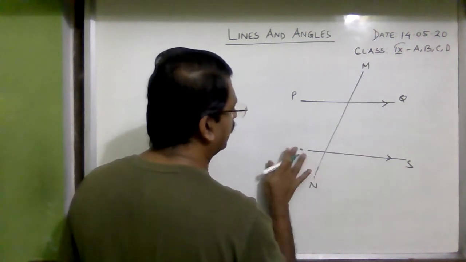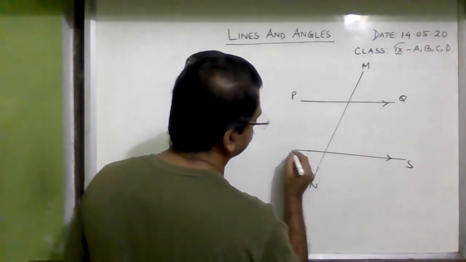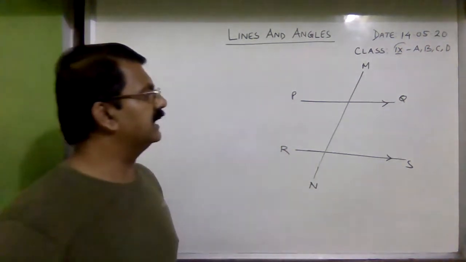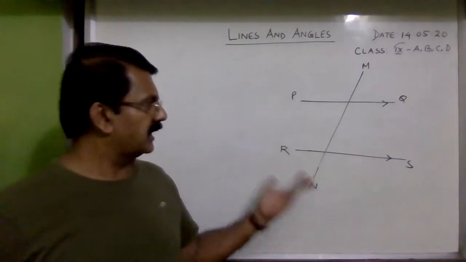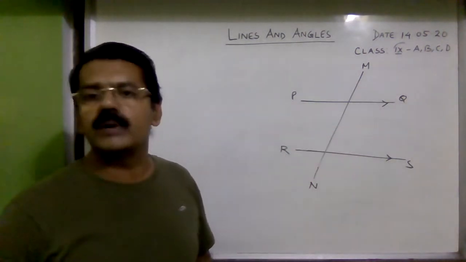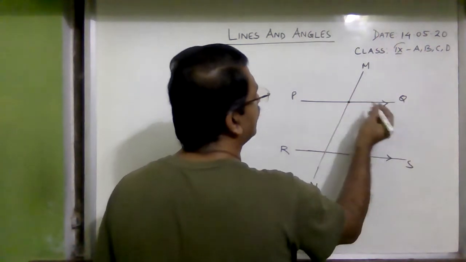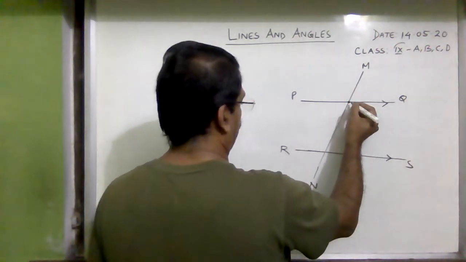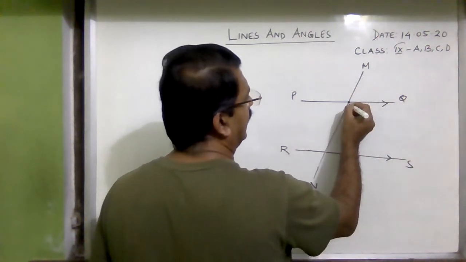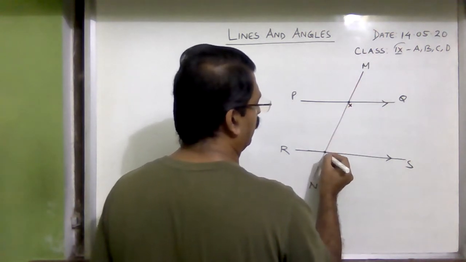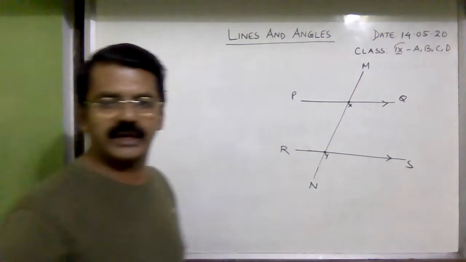There is a line MN which is called a transversal, which cuts PQ and RS. It cuts PQ at say point X and RS at point Y. Okay.